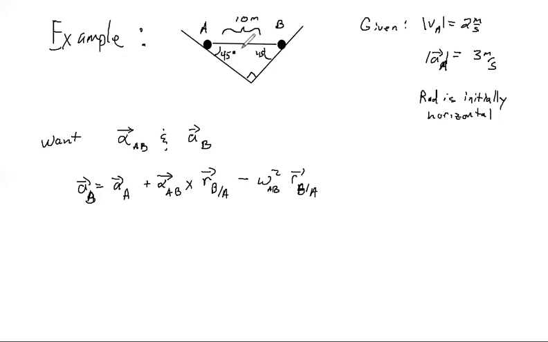So we know at the start that r_BA, the position of B relative to A, is simply going to be 10 meters x hat. And it's in the positive direction, because if you're standing at A, you would look to the right to get to B. And the other thing we can work out is the acceleration of A.